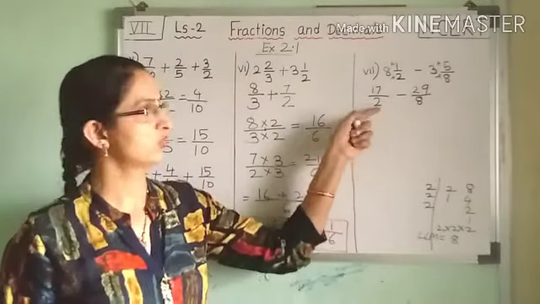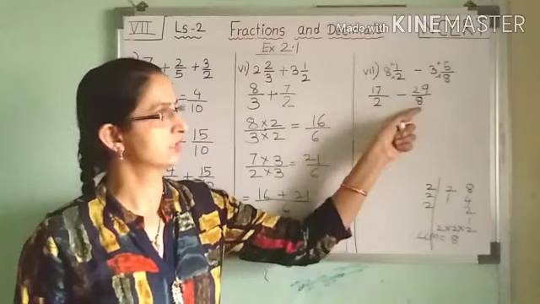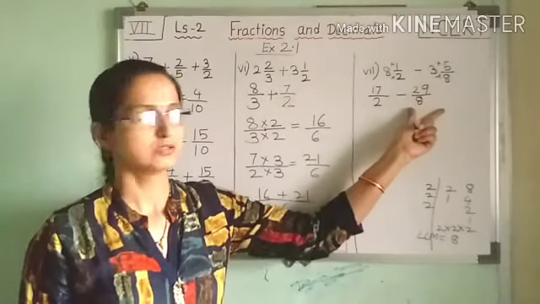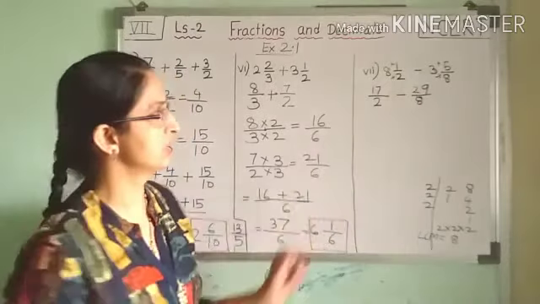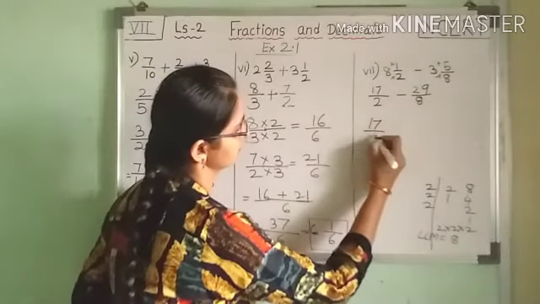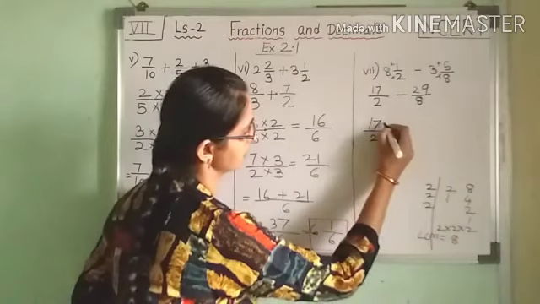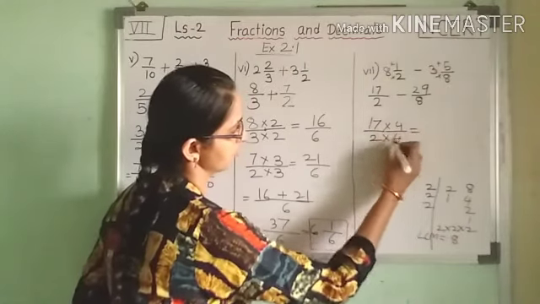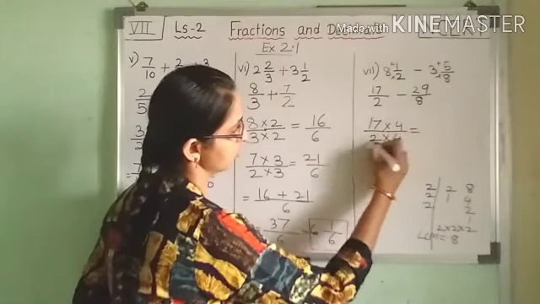Means we want 8 as a denominator. Here already 8 is there, so no need to multiply here. Only we have to multiply this fraction to obtain 8. So multiply it by 4. 4 2s are 8. Here we got the denominator 8.